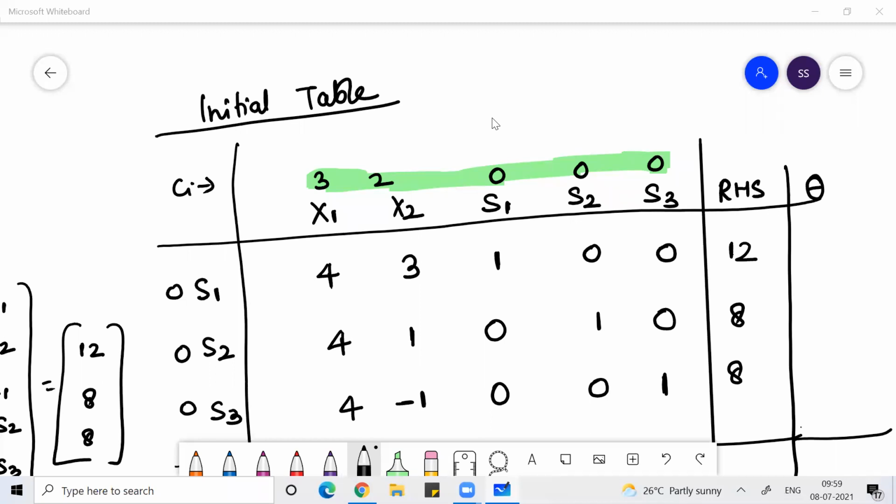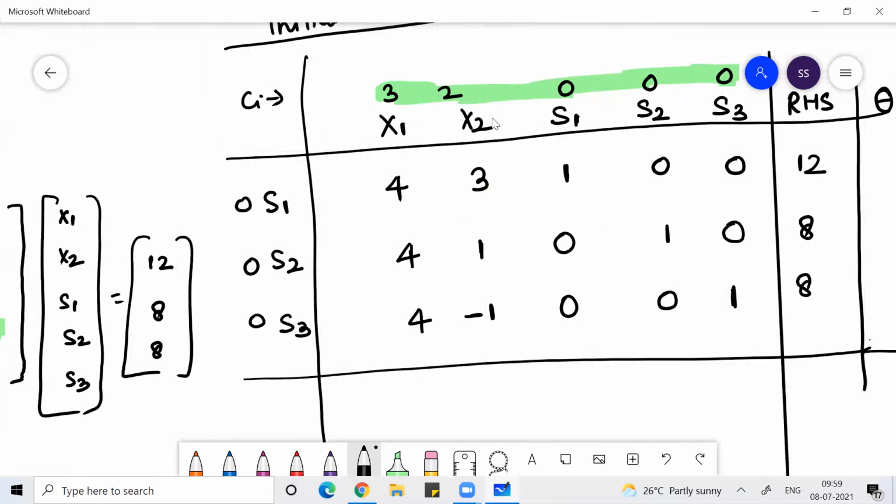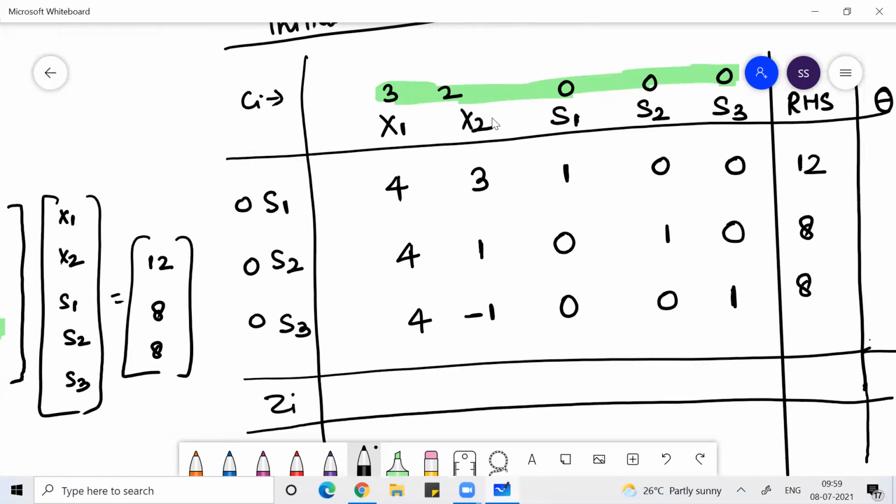So once you have this initial table, now this is CI, then I'll find ZI. What is the ZI value? The ZI value in the initial table is always 0. Why is that always 0?